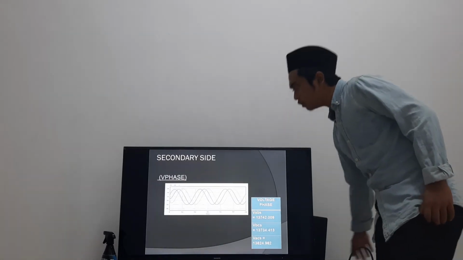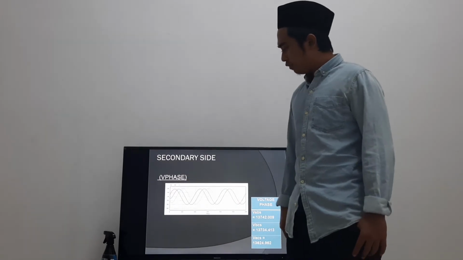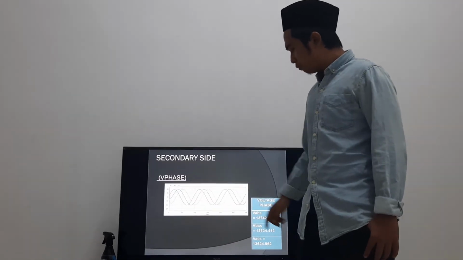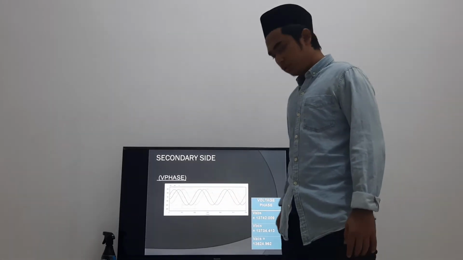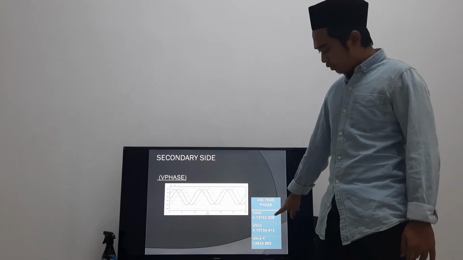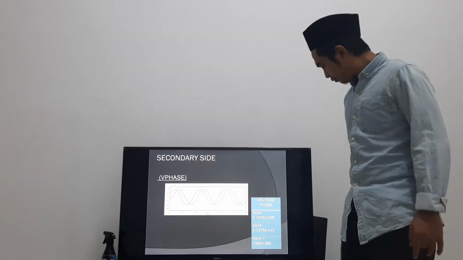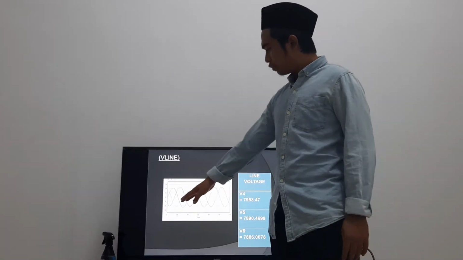So next is the secondary side. This is for V phase. Why is the line stable? Because V phase has a stable voltage. So the graph will be like this. This is the reading of the simulation. So next is V line for the secondary.